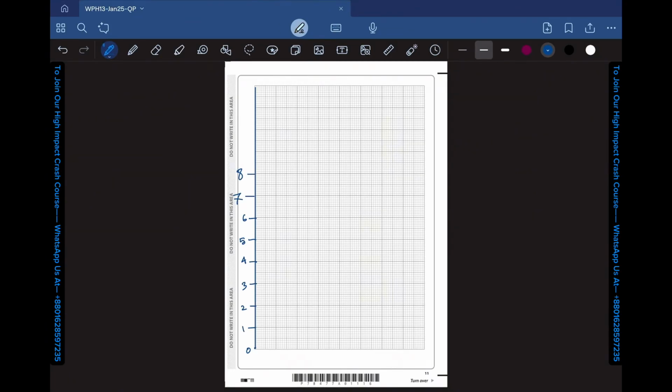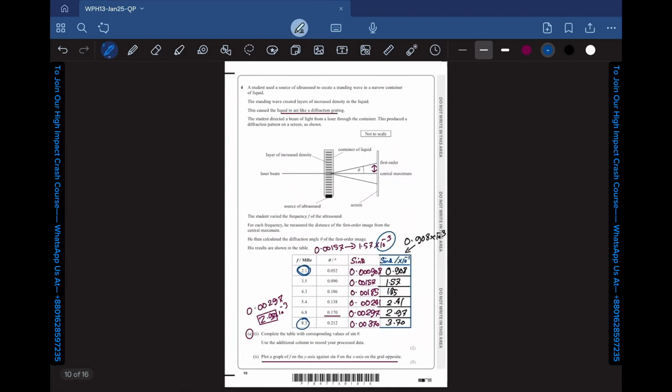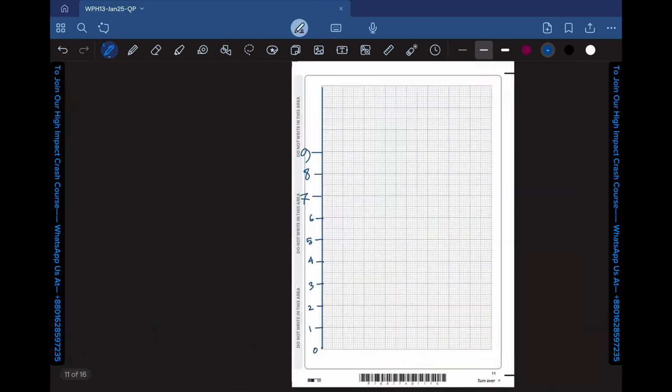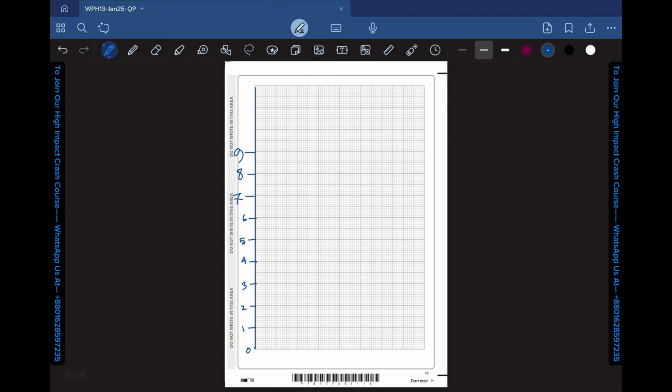I have covered more than half of the graph, it's completely all right, it's not an issue. I can also take 9 as well, because the value wasn't absolutely 8, it was 8.3, so I will need a value of 9. So this is how I have plotted my graph on the y-axis.